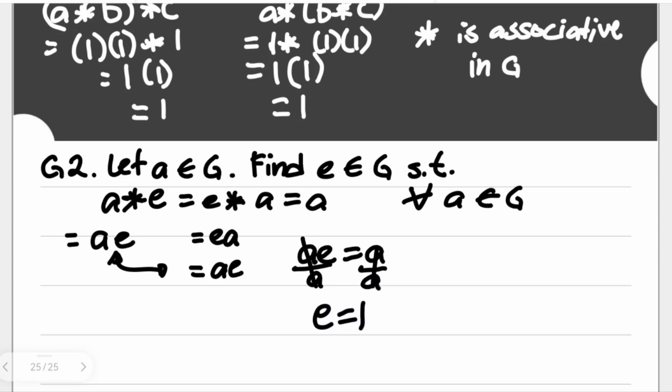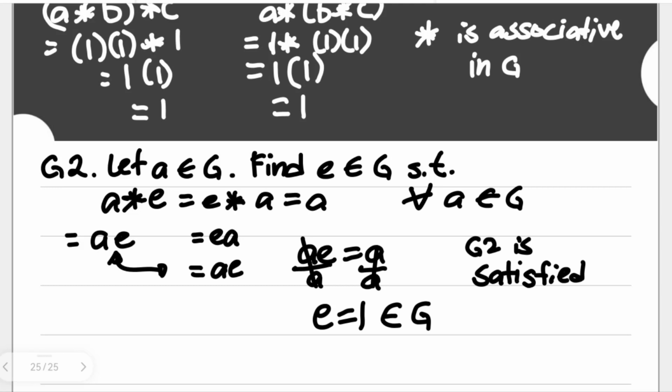And this is actually the identity element for usual multiplication, and this is an element of our G. This further shows that our G2 is satisfied. Earlier, just by inspection, we could say G2 is satisfied because the identity element for usual multiplication, which is 1, is already an element of G. This time, in symbolic form, we further simplified it.